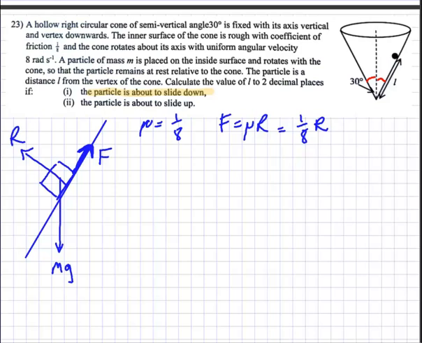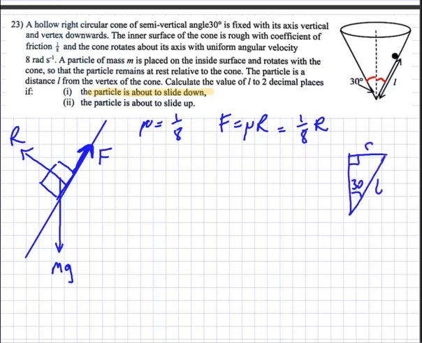So bear in mind that depending upon where it is within the cone, if it's towards the top of the cone or to the bottom of the cone, that will have a different radius, and as a result of that, we have a different scenario in terms of the centripetal forces acting upon it. So where does it need to be in the cone so that it just stops from sliding down?